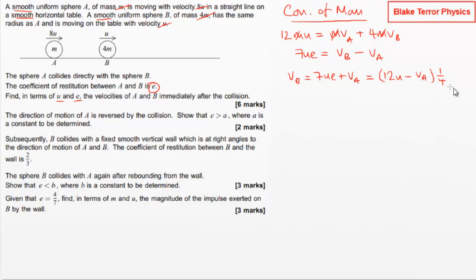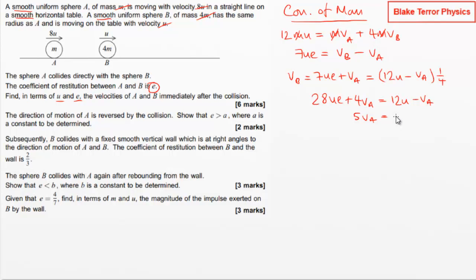That's one thing we're going to get out of this. So let's multiply everything by 4. 28UE plus 4VA equals 12U minus VA. So 5VA is equal to 12U minus 28UE.